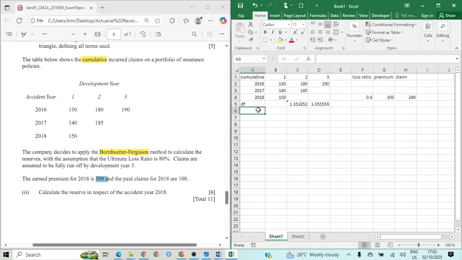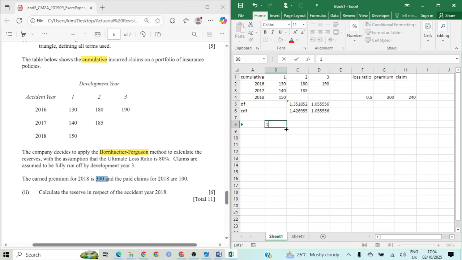From there we're going to calculate the cumulative development factors. For this it will be 1.05, and then for this here it will be 1.351 multiplied by 1.05.